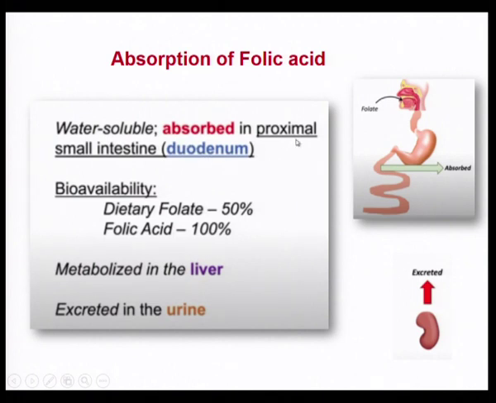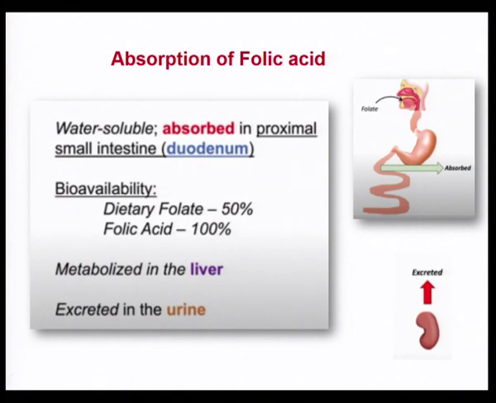The absorption happens in the proximal small intestine, the duodenum. The bioavailability of dietary folic acid is almost 50%. Although folic acid is present in the food substances that we take, eventually processing or oxidation can reduce its availability.